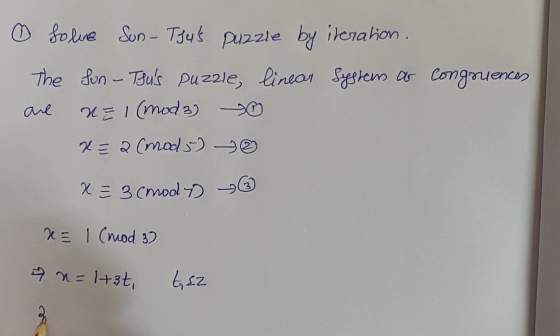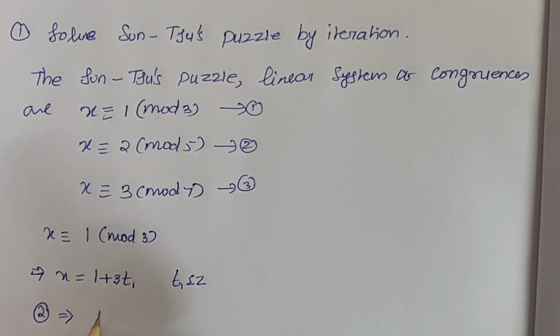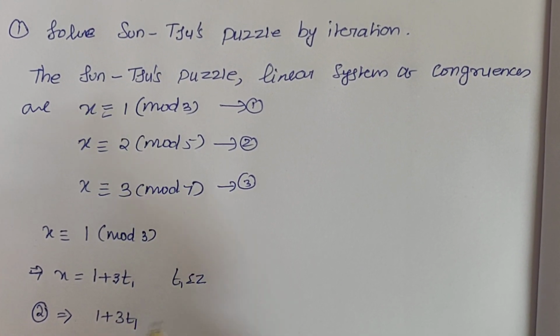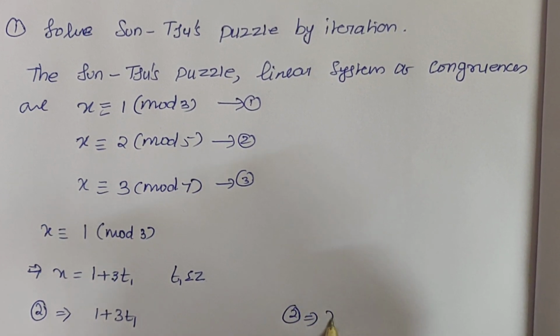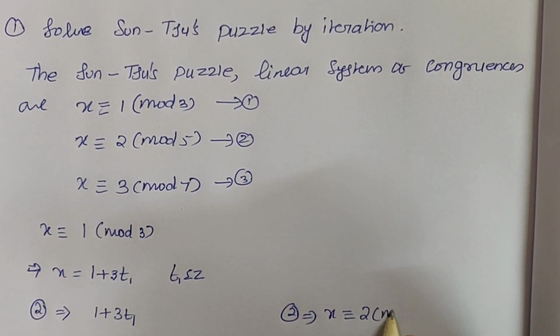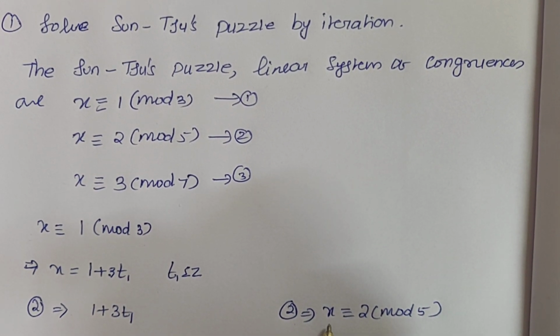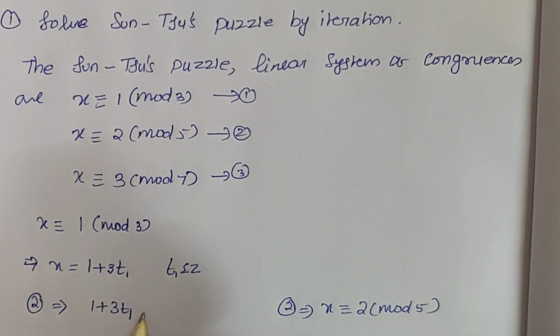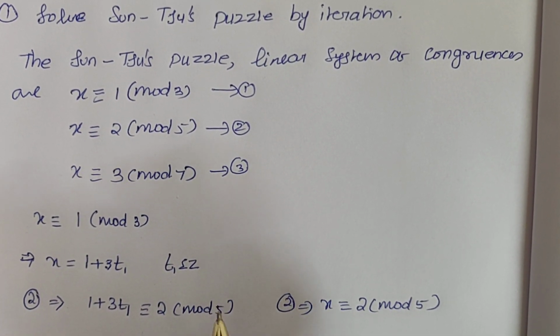Now substitute this x value in equation number 2, which is x congruent to 2 mod 5. Instead of x I substitute 1 plus 3t1, which is congruent to 2 mod 5.